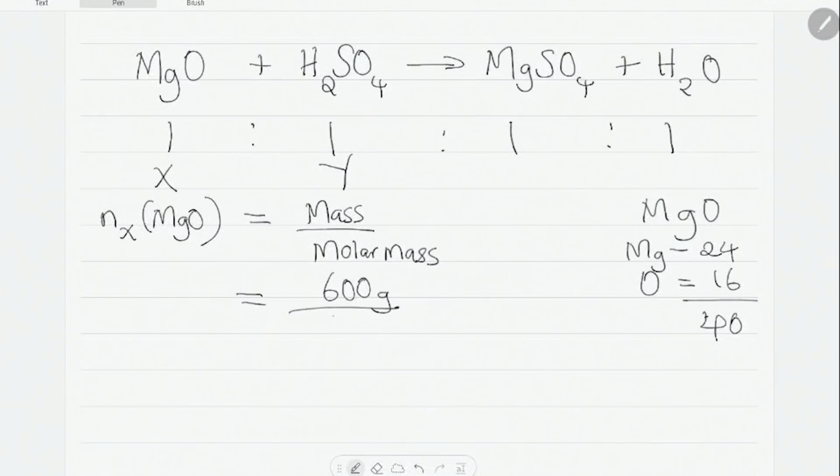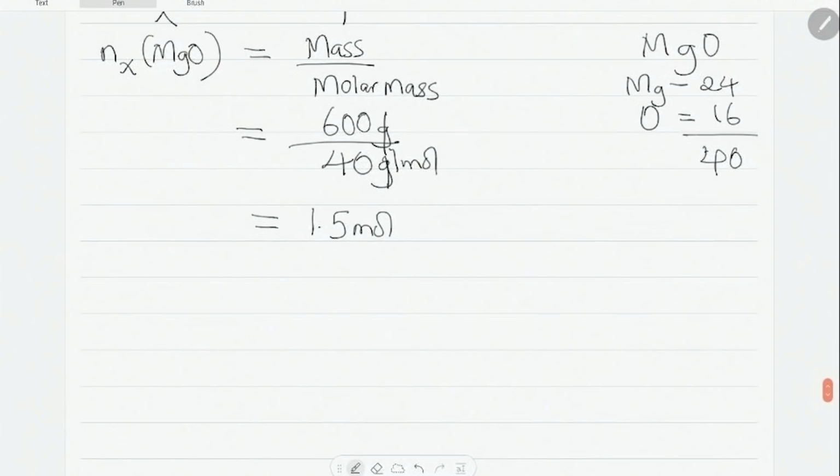So we divide this by 40 gram per mole. We are looking for the number of moles, so gram and gram will cancel. When you divide 600 divided by 40, that is going to give us 1.5. So our answer here is 1.5 moles.